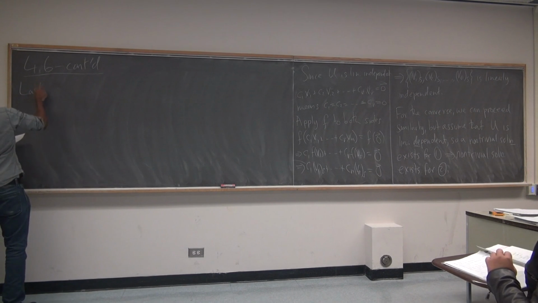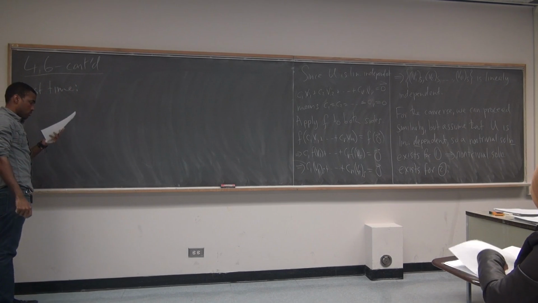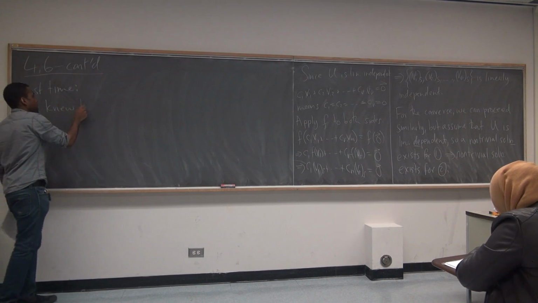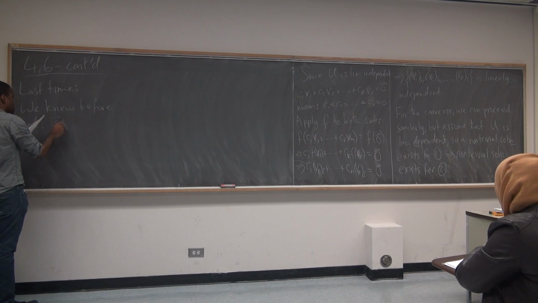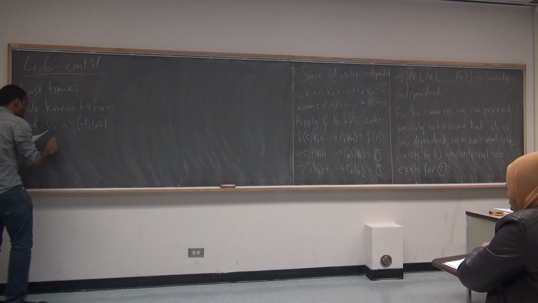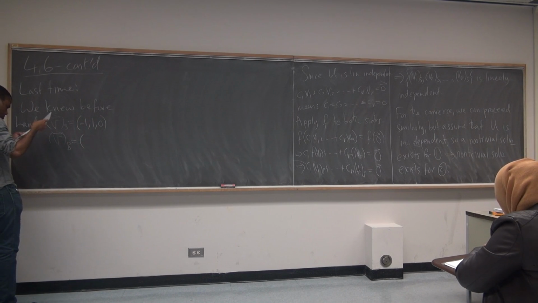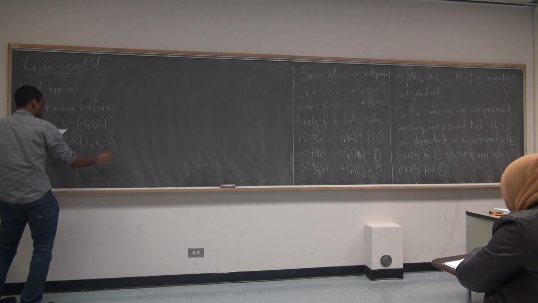Last time, we had an example. We knew beforehand that b, in terms of the basis S, was -1, 1, 0. We know that b, in terms of the basis B, was 2, 1, -1.